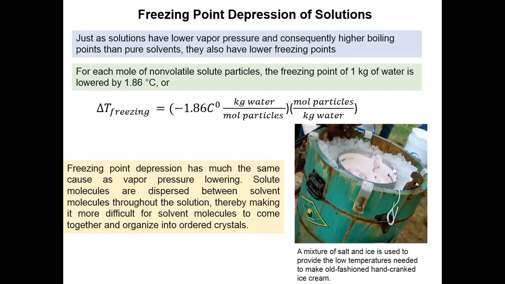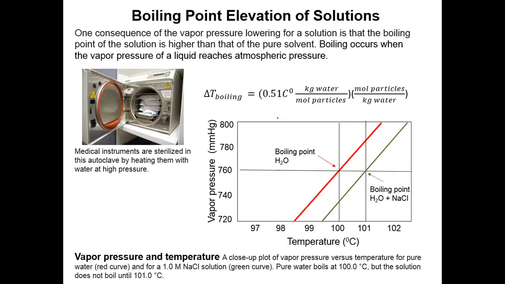Now, because of what I explained, the boiling point of a solution is higher than the boiling point of a pure solvent. This is used in sterilization. When somebody wants to sterilize something, in order to elevate the temperature of the vapor, they make a mixture of salt and water, and then the boiling point becomes higher.